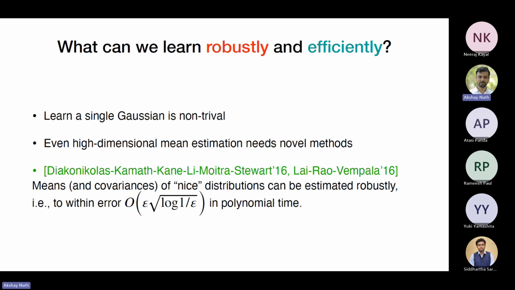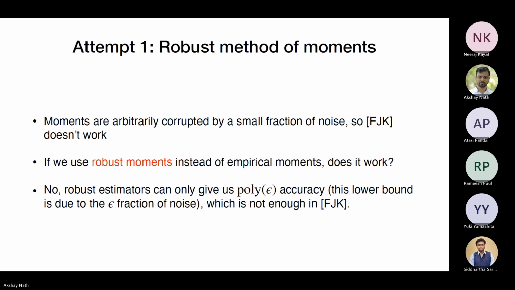Here we need the distribution to be nice. This means it has bounded higher moments, so bounded covariance and bounded moments. We'll also use these results to first get some estimated mean and covariance of our distribution. Let's see the first attempt.